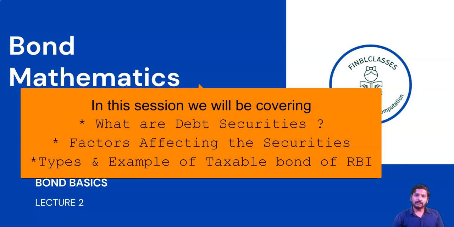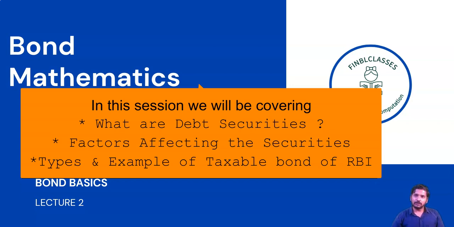Before delving deep into bonds, let us know what are debt securities. Debt securities, such as bonds, are financial instruments executed by the issuer who sells them to investors to raise funds.